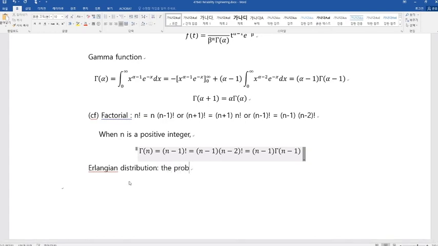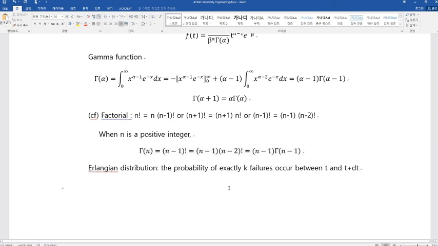This is the probability of exactly k failures occurring between t and t plus dt. So between t and t plus dt, exactly k failures should occur.